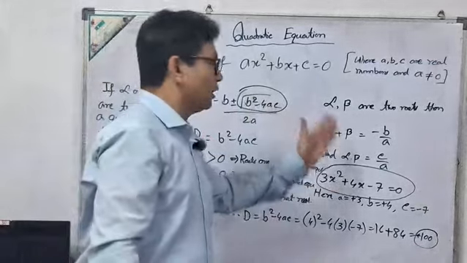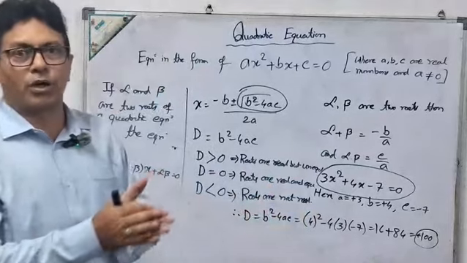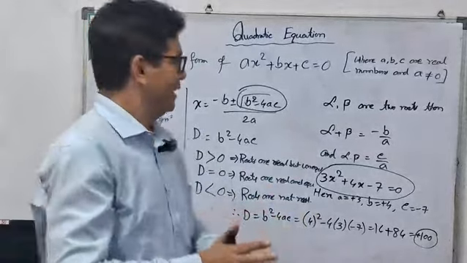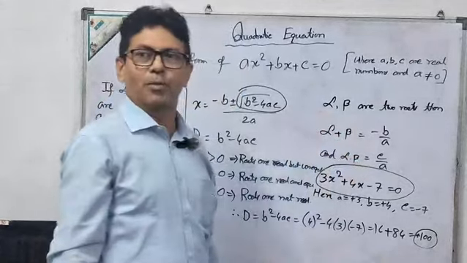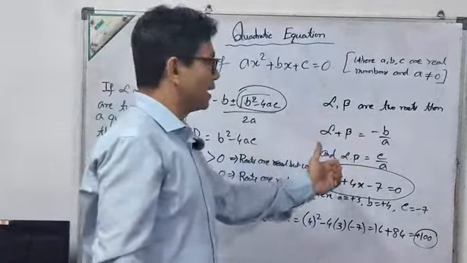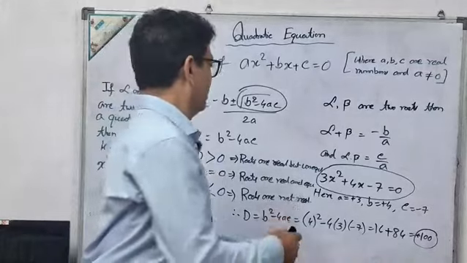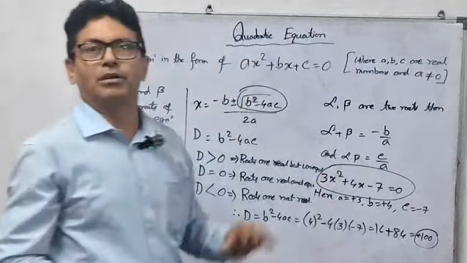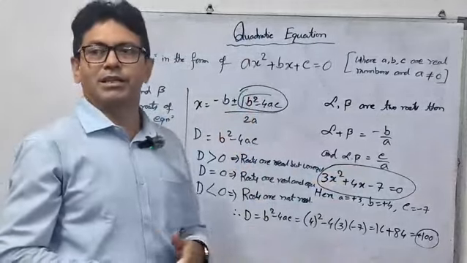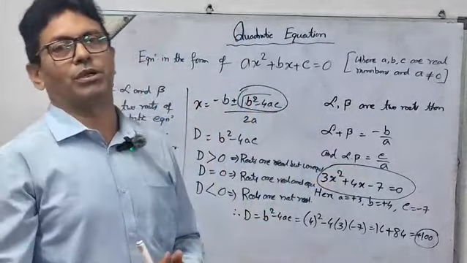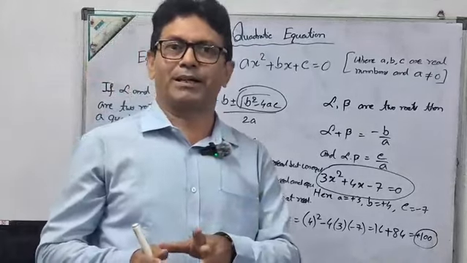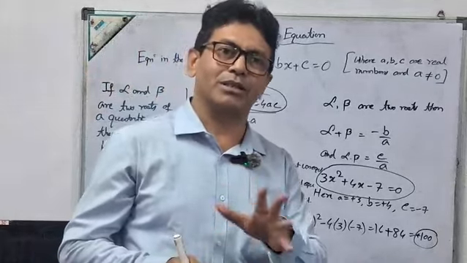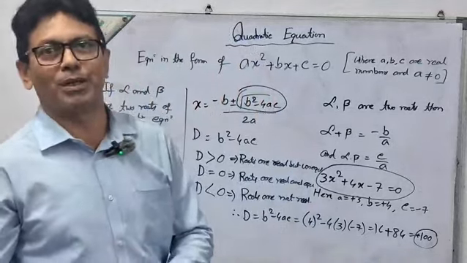Here we found the relation between the coefficients of the quadratic equation and the roots: alpha plus beta is equal to minus b by a, alpha into beta is equal to c by a, and by using all this data we can find all the things. And previously we found how to find roots by using the middle term factor and by using Siddharacharya formula.